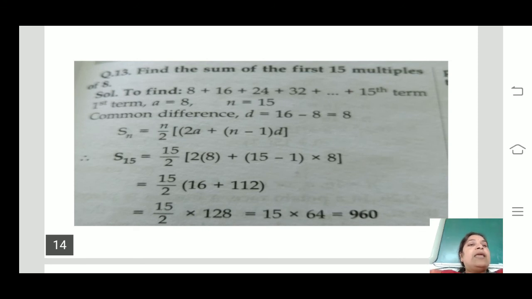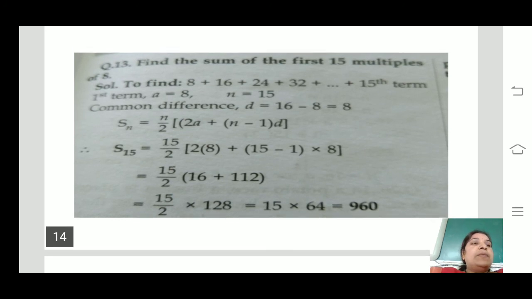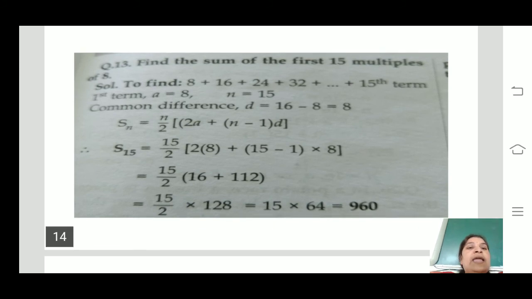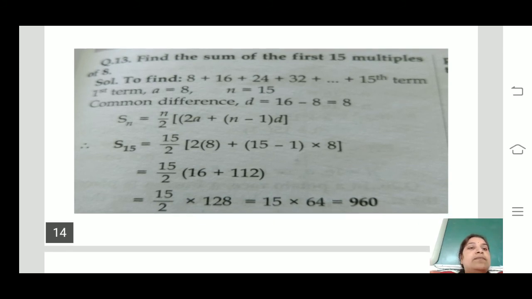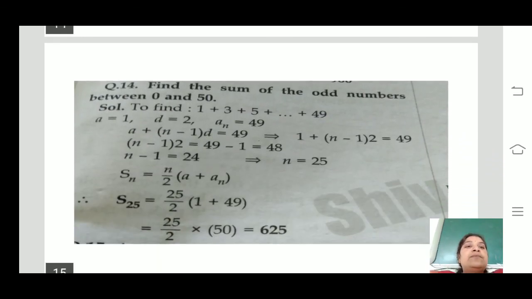Let us calculate a. a is nothing but the first term, that is 8. The common difference, obviously all are multiples of 8, hence the common difference will be 8. The number of terms is 15, hence n equals 15. Now, find the value of S15 by replacing all the values in the standard formula for Sn. That gives 960.